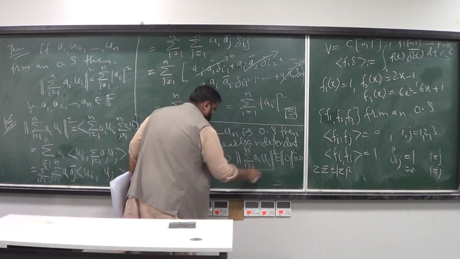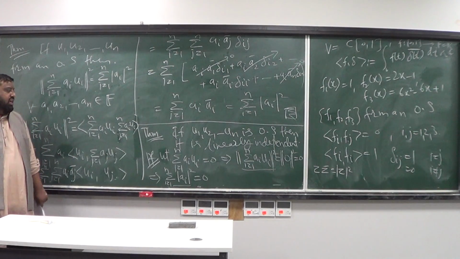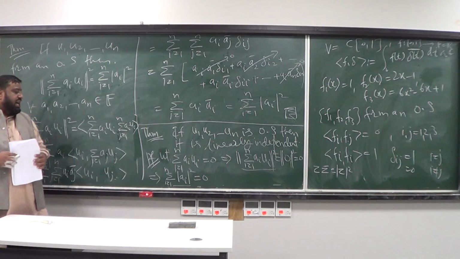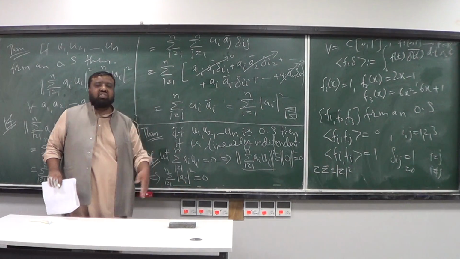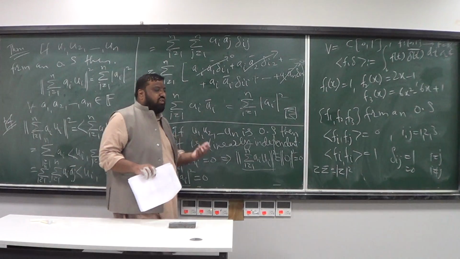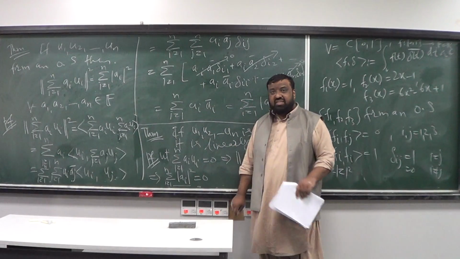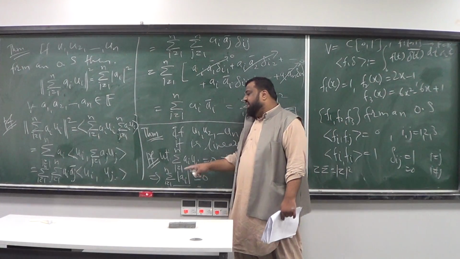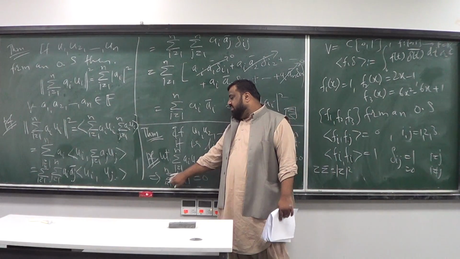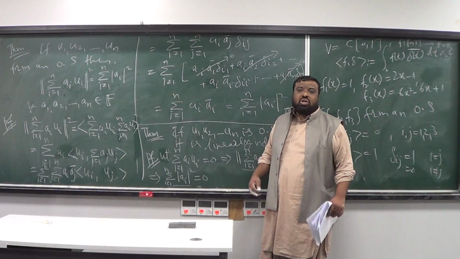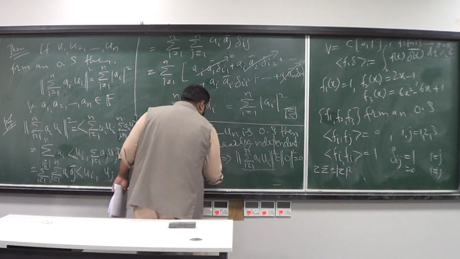And I know that the magnitude of any number, whether it is complex or real, squared is always non-negative. So all of these magnitudes of ai squared are non-negative numbers, and I have non-negative numbers whose sum is 0. Then these numbers must be 0.